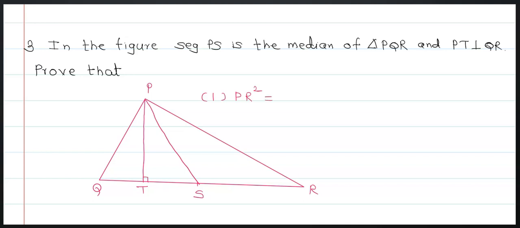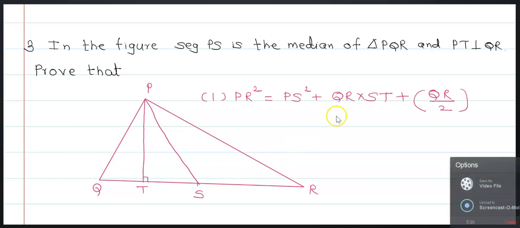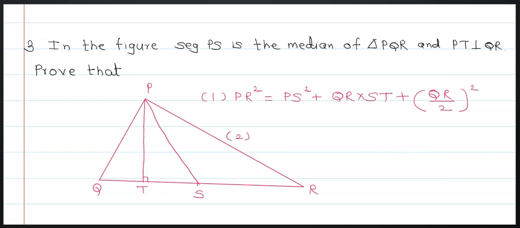See this here. First, PR square is equal to PS square plus QR into ST plus QR upon 2 bracket square. And second, PQ square is equal to PS square minus QR into ST plus QR upon 2.